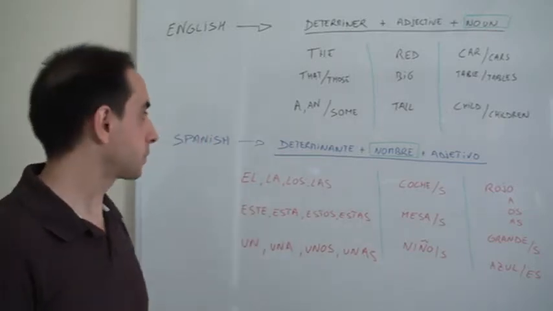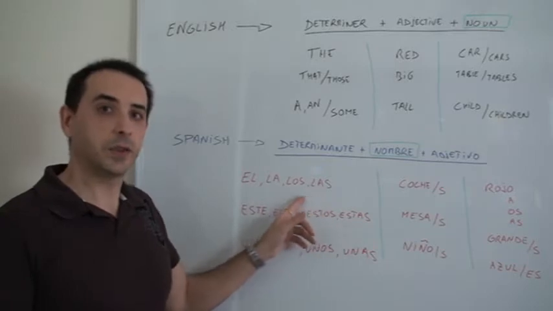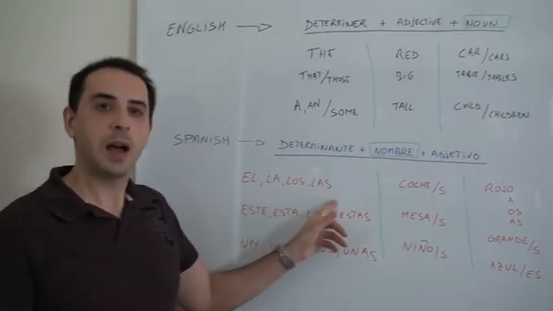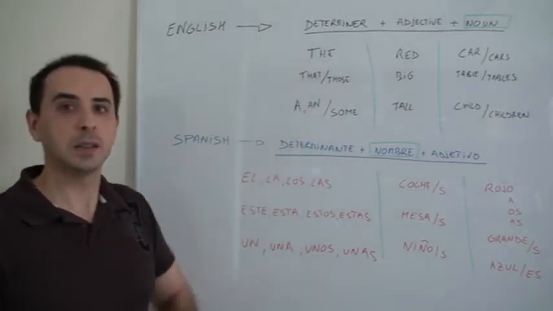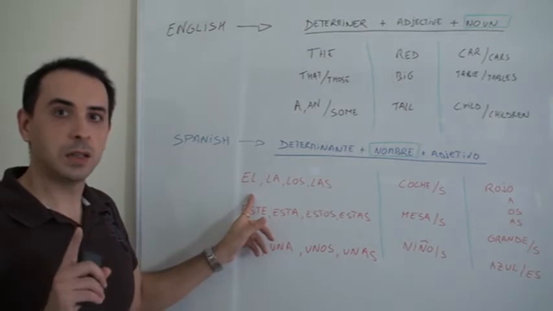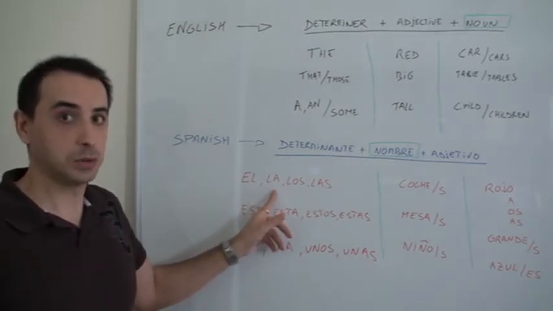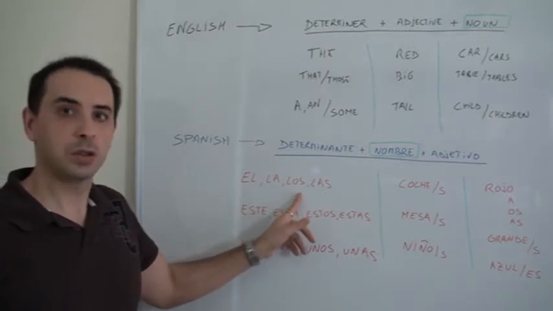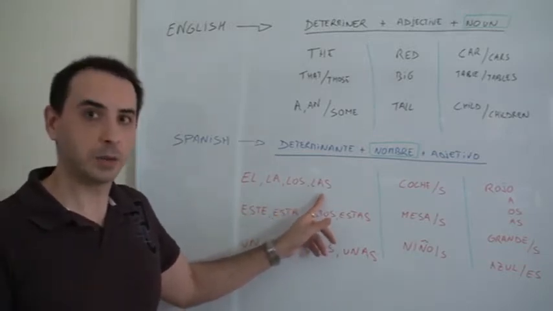Let's see. These four are the equivalent for the word the in English. El, a male singular, la, a female singular, los, many males, las, many females.